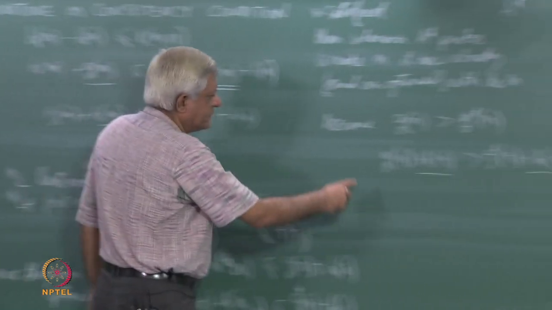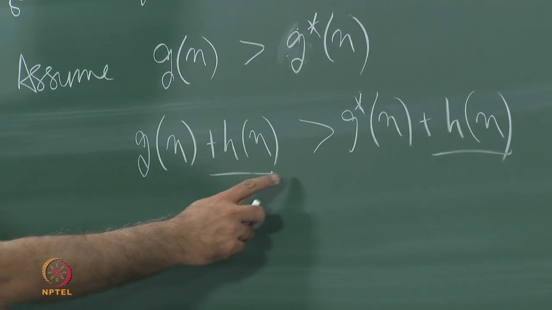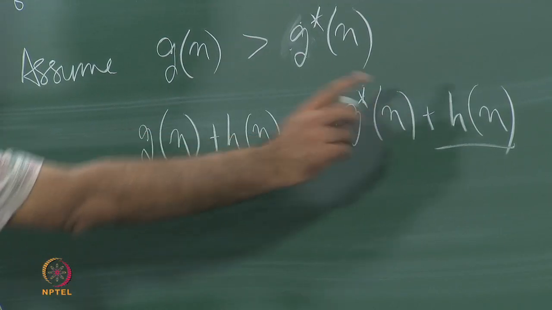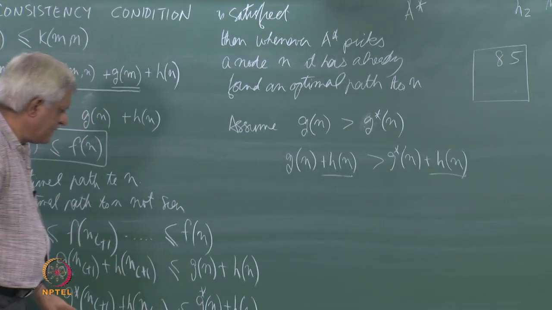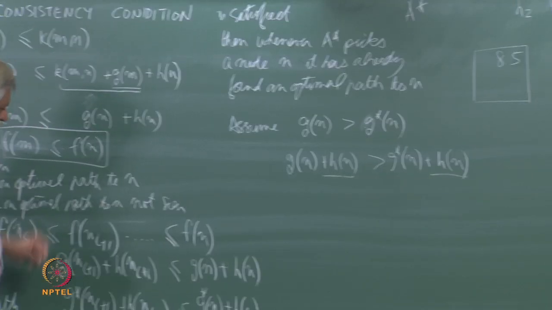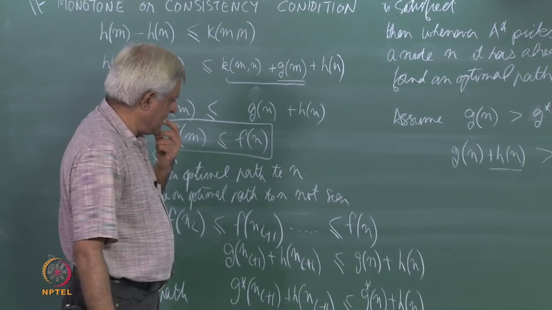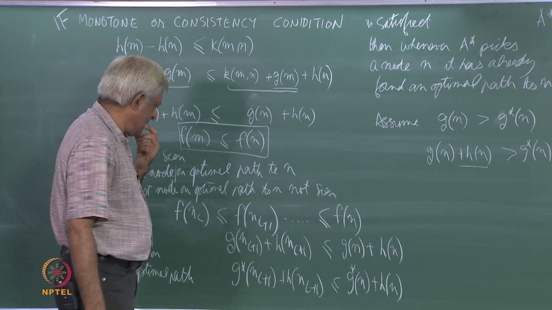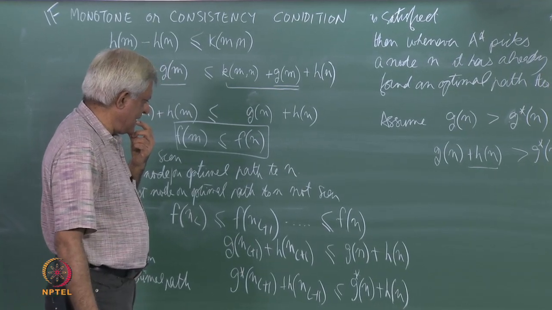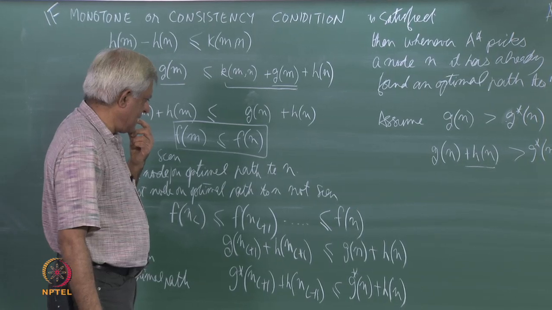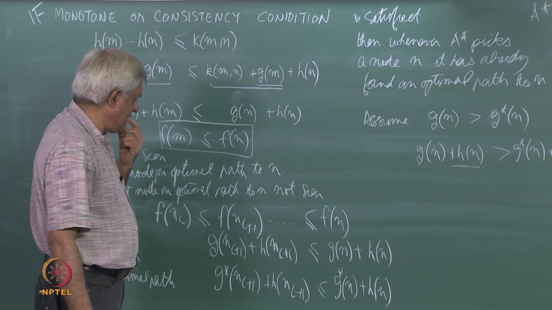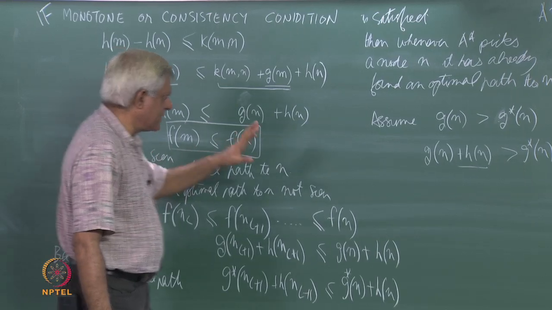So, g of n plus h of n is greater than g star of n plus h of n. Anyway, that is not so important.